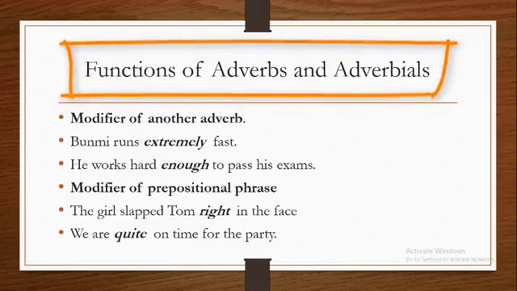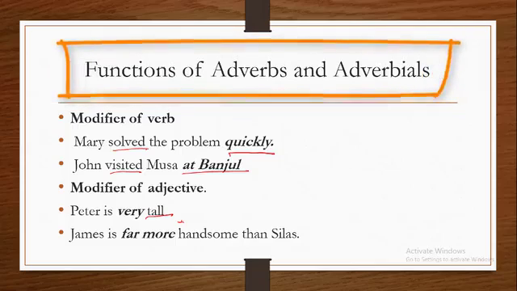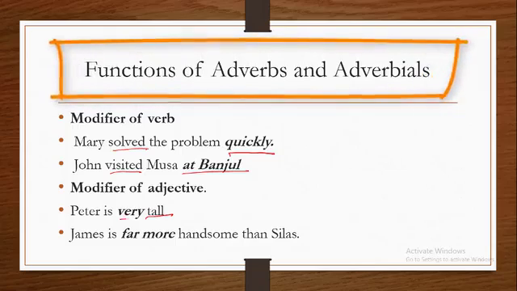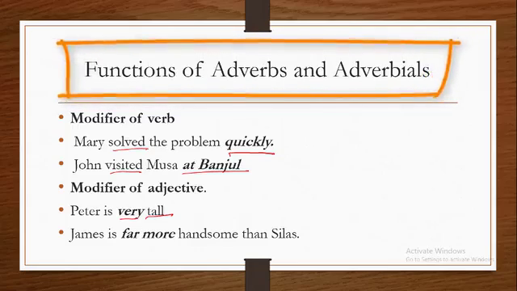An adjective. So we are saying if tall is an adjective, then very is modifying tall. We could say Peter is tall, but when we say Peter is very tall, we are trying to give more information on the degree of how tall Peter is.